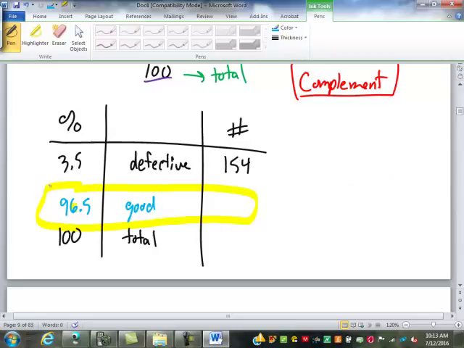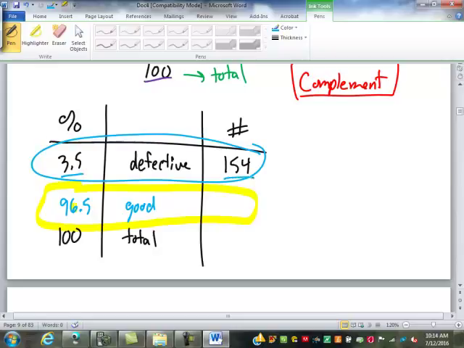The nice thing about this table here is there are 3 distinct lines, and I can set up a proportion using any 2 out of those 3 lines. One line that I use always has to be the line where I have both numbers. I have that defective, I have both the percent and the number for that item.